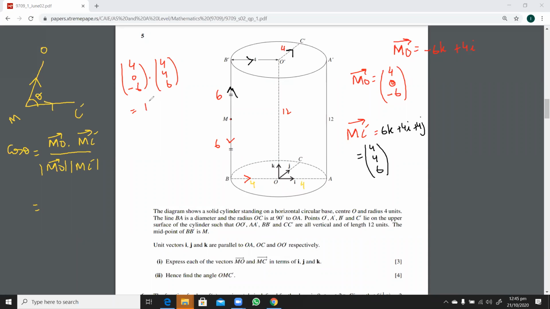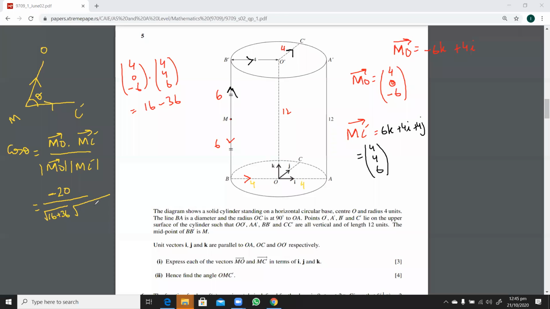So that is going to be 16 minus 36, okay? So you can predetermine that this angle is going to be an obtuse angle, because the dot product is negative, okay?